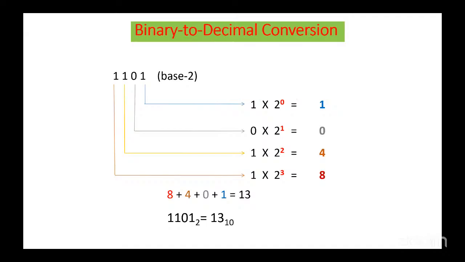Next, binary to decimal conversion. Here, binary to decimal. Example: 1101. The base is 2.